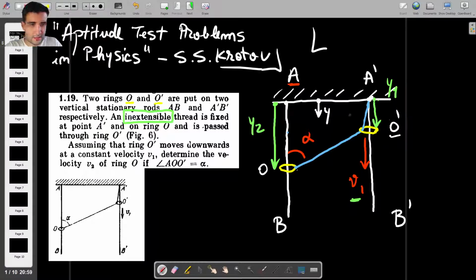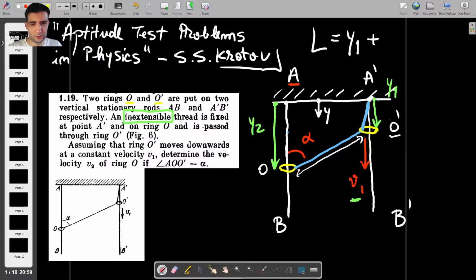Now it looks as if this first section here on the right is not perfectly straight, but because the ring itself is quite narrow, I'm going to assume that the length of this blue bit here is equal to y1. Okay, so I'm going to say that the length of the thread is equal to y1 plus, and then we've got this section right here, which we have to find an expression for.